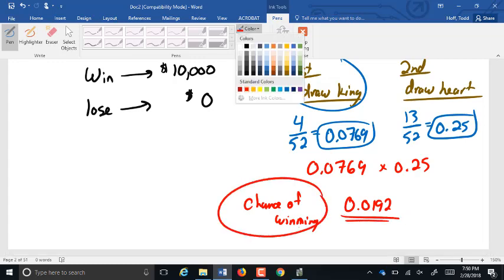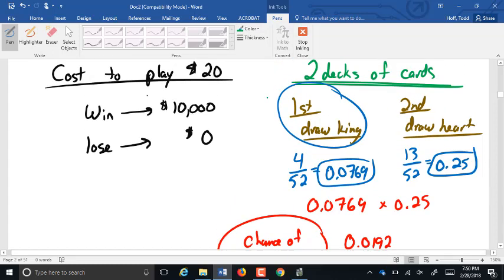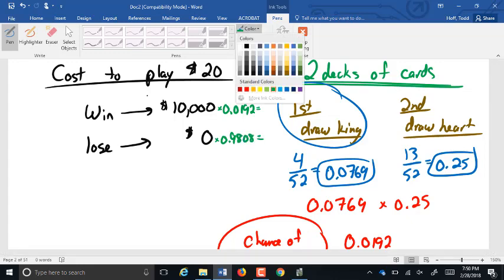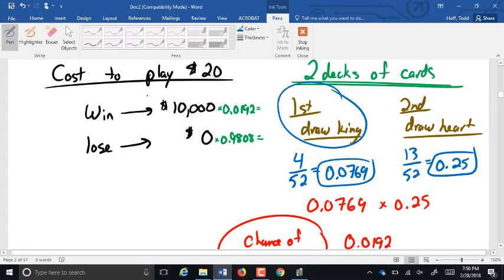So what that's saying is there is a 0.0192 chance that you're going to win $10,000 and a 0.9808 chance of getting nothing. Where'd the 0.9808 come from? That's the rest. It's just 1 minus the 0.0192, 100% minus the 1.92%.